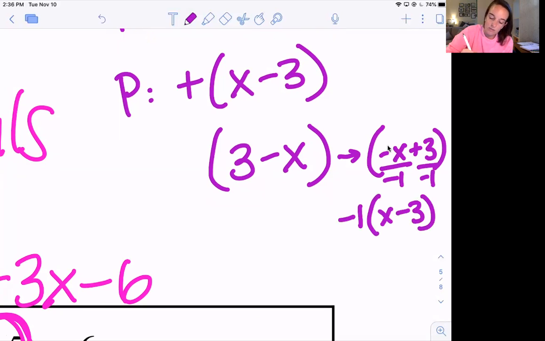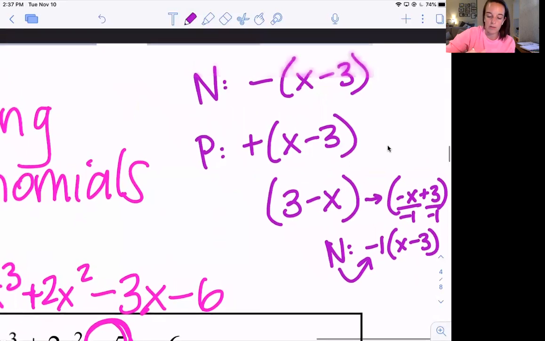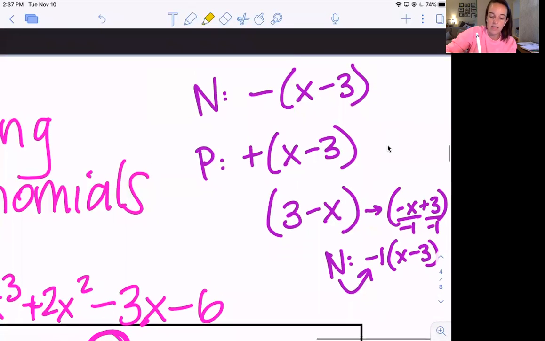So now this right here is a negative graph because of that -1. If there is a negative x, it's just a negative x. It's not a negative number. I guess that's a better way to explain it. So this -3 doesn't impact it, but a negative x does impact it, right? So any type of negative x anywhere in the problem, it's going to be a negative graph.